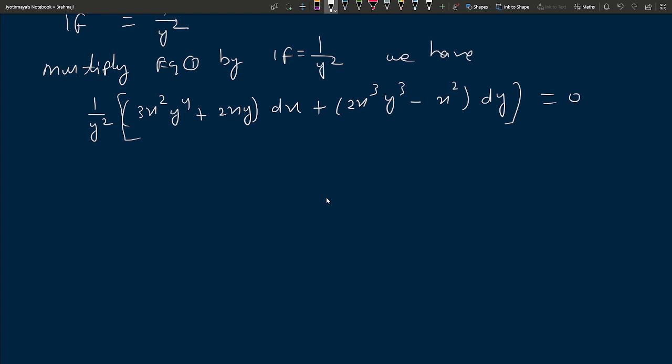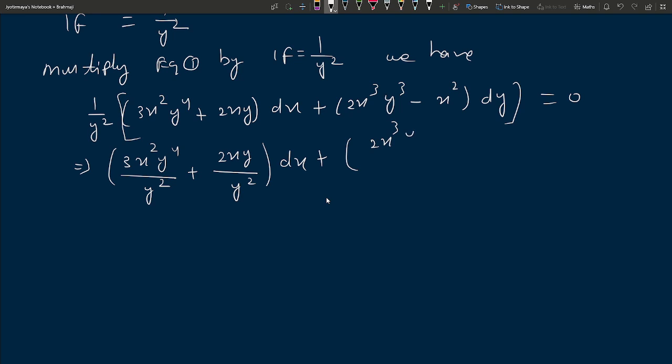This is equal to 0 into 1 by y square, this is 0. Now remove the bracket, take 1 by y square inside the bracket. So (3x square y to the power 4)/y square plus (2xy)/y square into dx plus ((2x cube y cube)/y square minus x square/y square) into dy equal to 0.